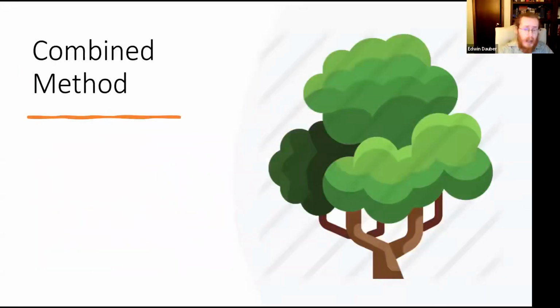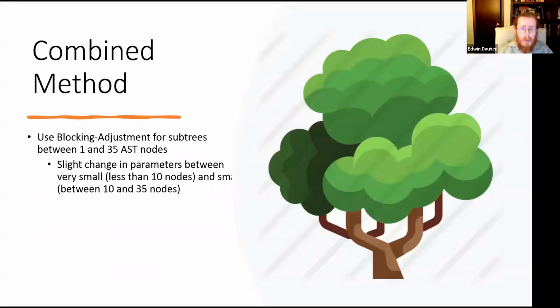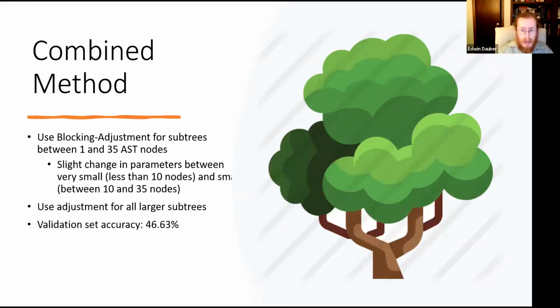We also looked at a combined method where we use blocking adjustment for subtrees that are very small with a very slight change in parameters, and then adjustment for larger subtrees, which gave us higher accuracy in both our validation and test sets.